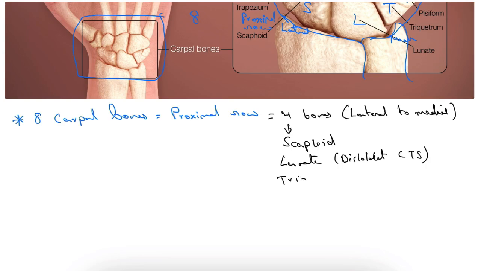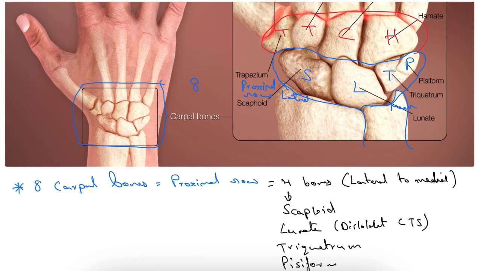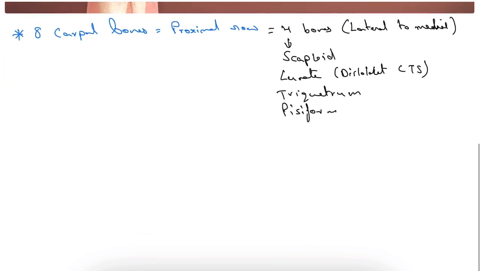Next we can see triquetrum and pisiform. I already showed this image. If you see here, this is the scaphoid bone, this is lunate, this is triquetrum, and this is pisiform. Now we are going to discuss the distal row of carpal bones.